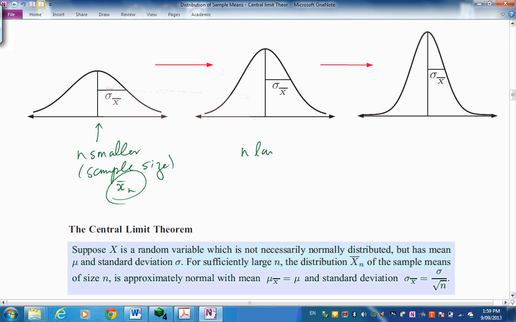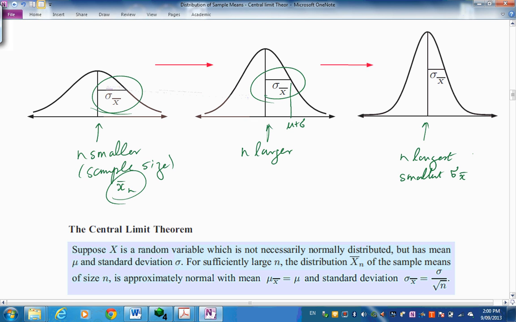N larger, we reckon the standard deviation, the width there, one standard deviation away from the mean, remember, is that point of inflection. We're talking about n larger, that's a larger sample size, it will narrow, and this will be the n, the largest one of the three here, is the smallest standard deviation of that distribution of means.